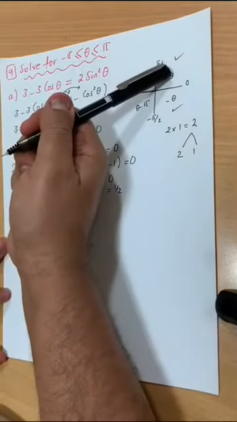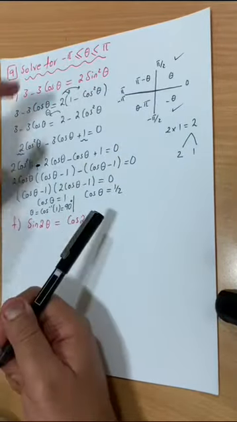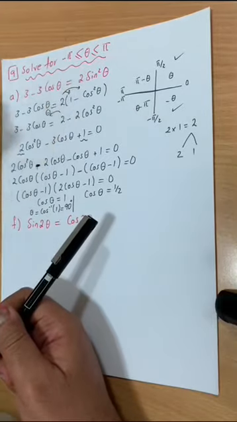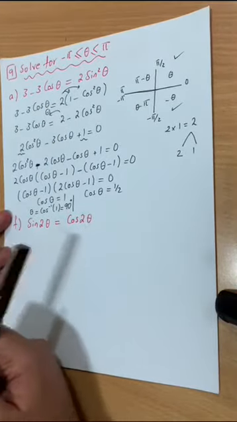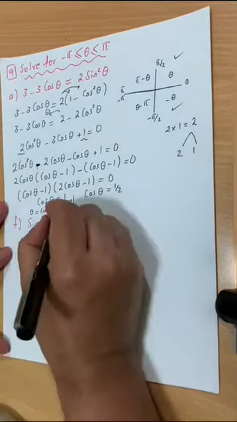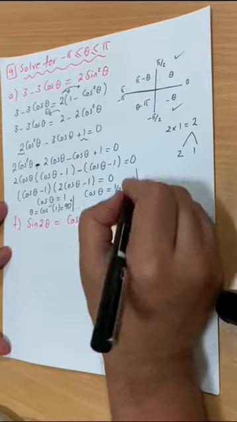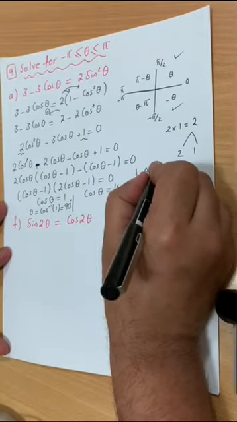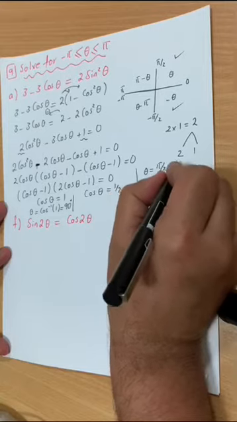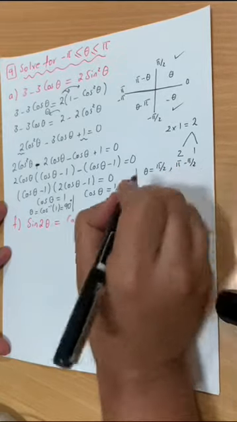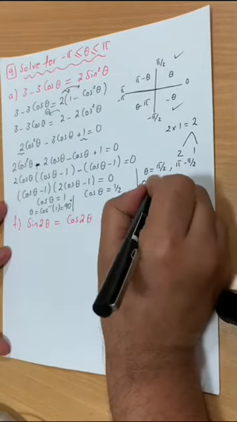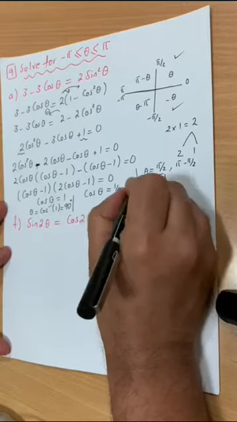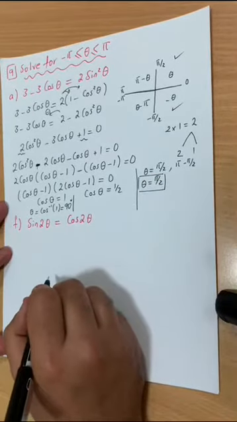I know it's 90 degrees, but the question asks for it in radians. So if you want to write that in radians, 90 is pi over 2. So for this part, theta equals pi over 2 and pi minus pi over 2. Then theta is equal to pi over 2, because the two expressions give you the same answer.